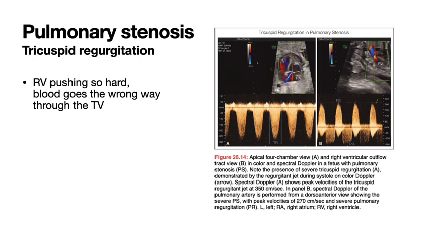Now, it's not like the tricuspid just flies in the other direction. It flies a little bit, and there's a little tiny gap between the leaflets. So if you've got the right ventricle pushing through a tiny gap in the tricuspid, the velocity is very high.